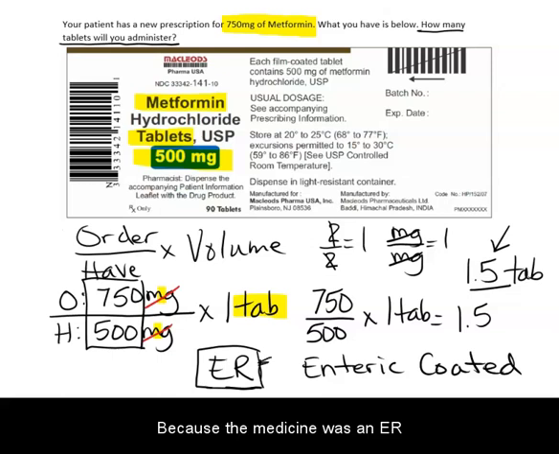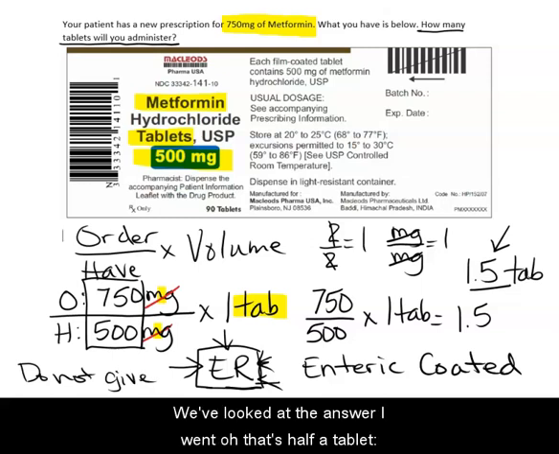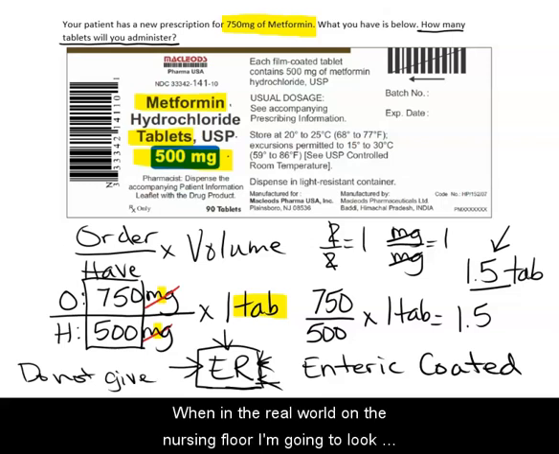Because the medicine was an ER, extended release, the correct answer was do not give. We've looked at the answer. I went, oh, that's half a tablet. Can I cut this in half? So then I read my label again. I don't see ER, I don't see enteric coated. So this one should be safe to cut.